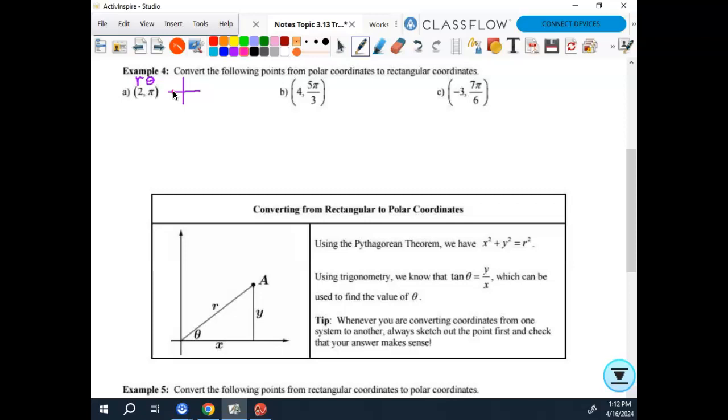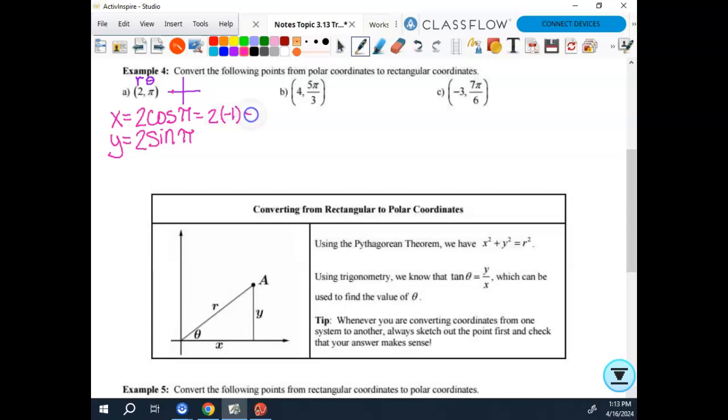So I know from what it says over there, x is equal to r, which is 2, times cosine of theta, which is pi, and y is equal to r, which is 2, times the sine of theta, which is pi. So what is 2 times, what is cosine of pi? -1.